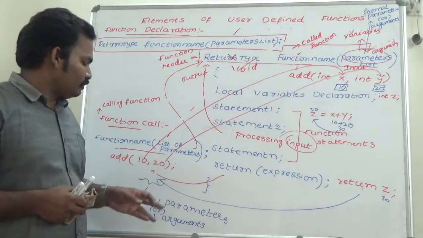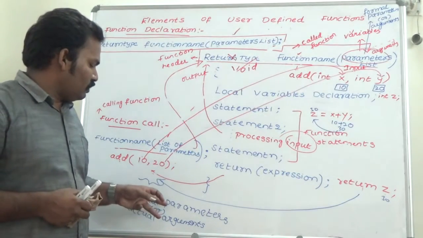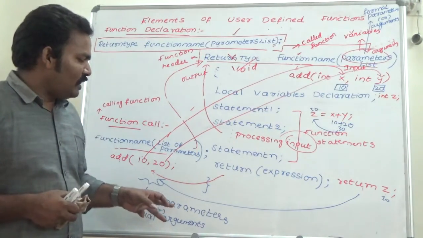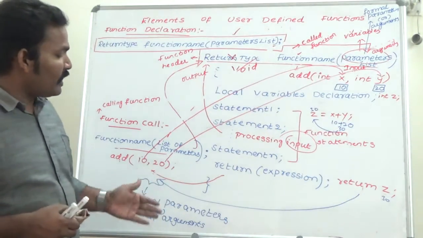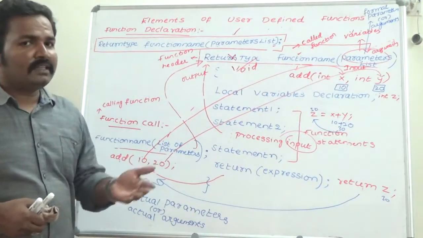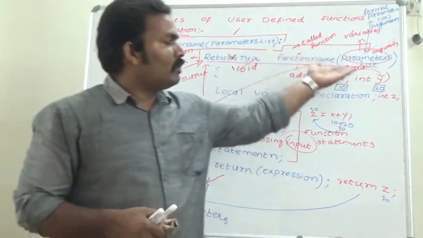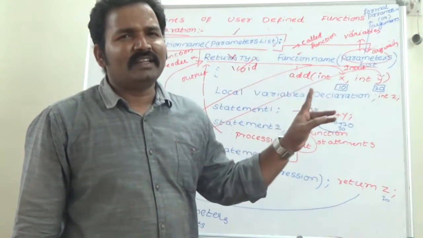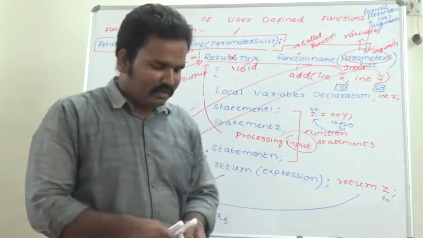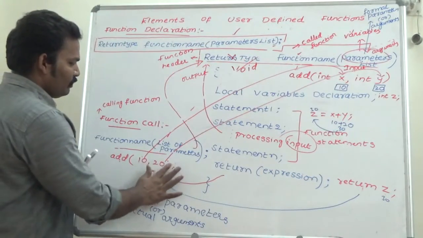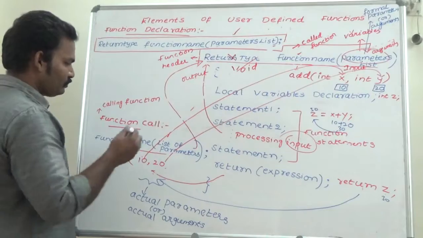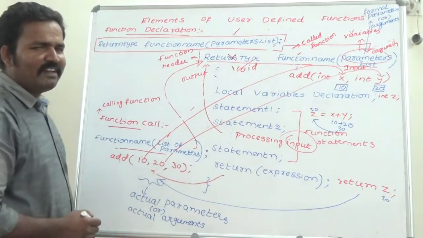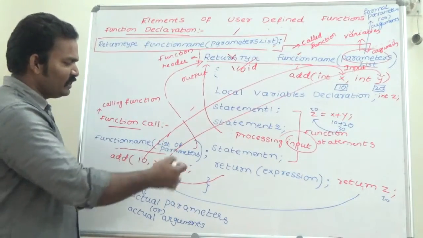So if the number of actual parameters is greater than, or more than, the number of formal parameters, what happens? The excess parameter is ignored. Suppose while calling the add function, I am passing three values as arguments, 10, 20, 30.